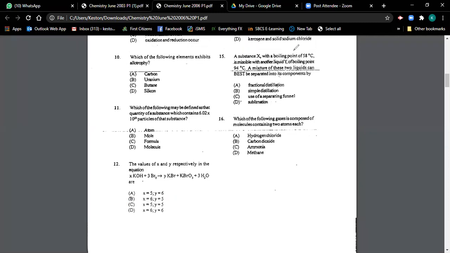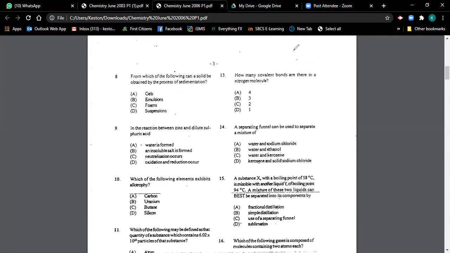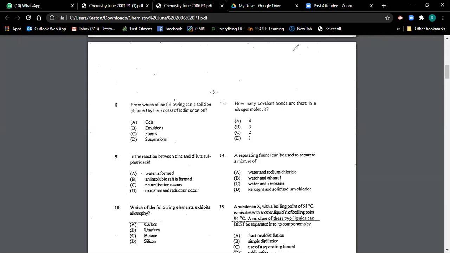Moving back up to the top, number 13, how many covalent bonds are there in a nitrogen molecule? Right, Naveen has 3.